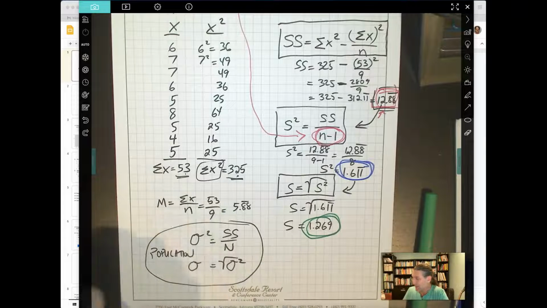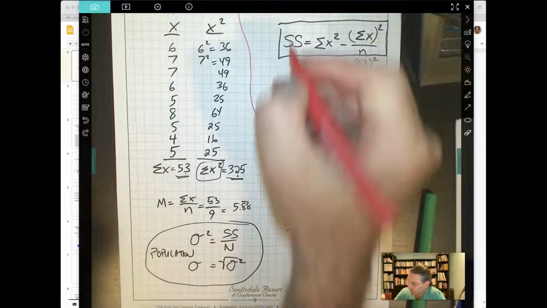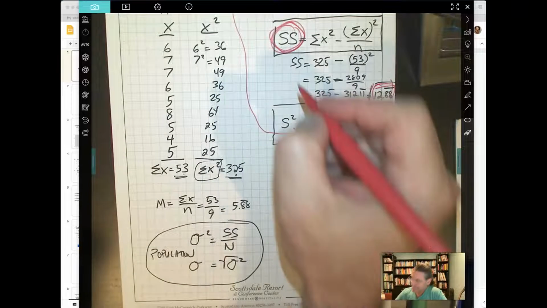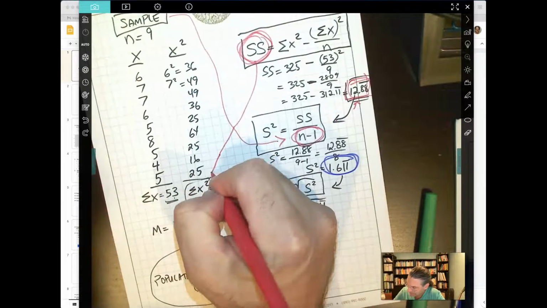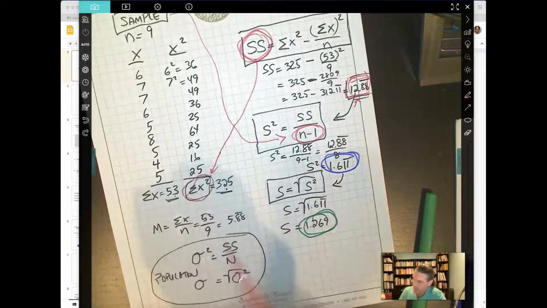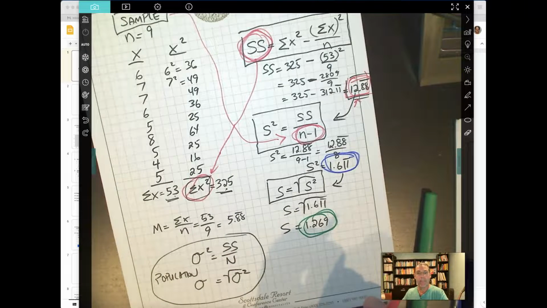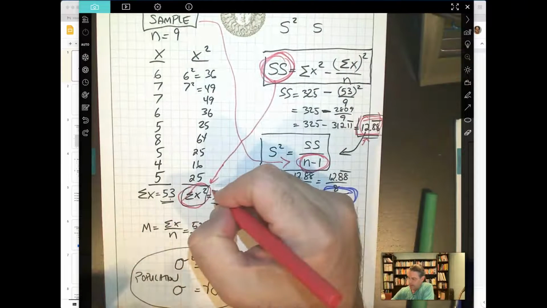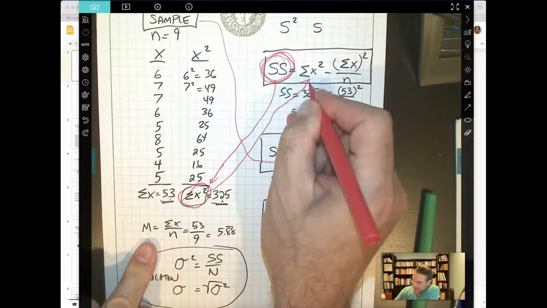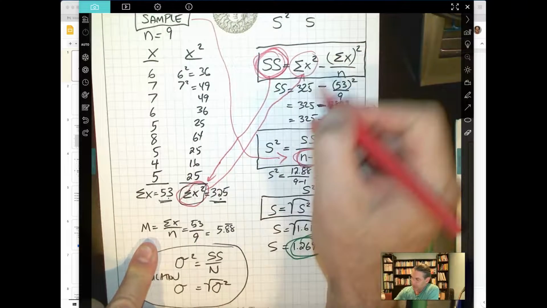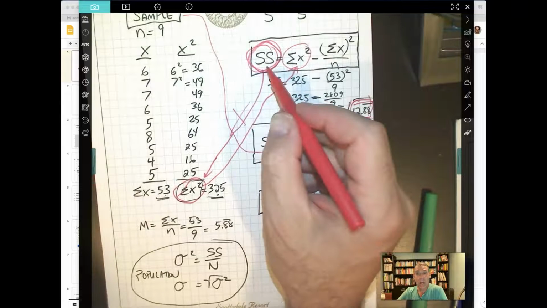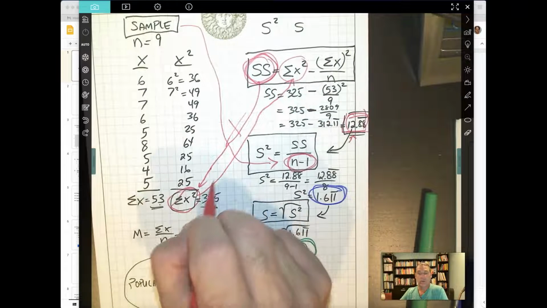I know it sounds weird, but sum of squares, SS, sounds a lot like sum of x squared. Those are not the same thing. Notice the sum of x squared actually is that, so that goes there. This is another concept, so try to remember.